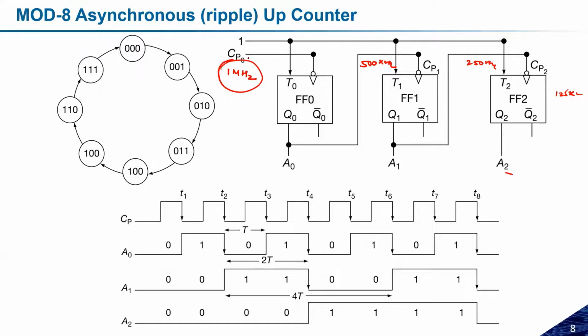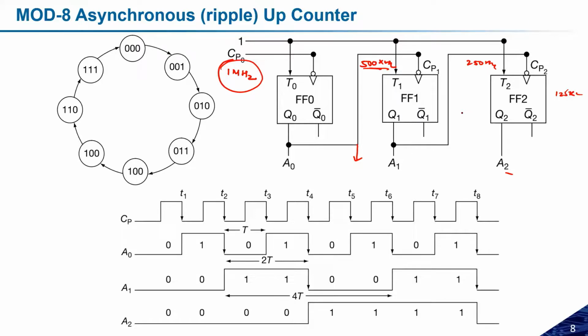If I pass it through a flip-flop, the frequency will be halved, so a 500 kilohertz signal can be utilized. Similarly, if I pass that through another flip-flop, it will be halved again, and so on.